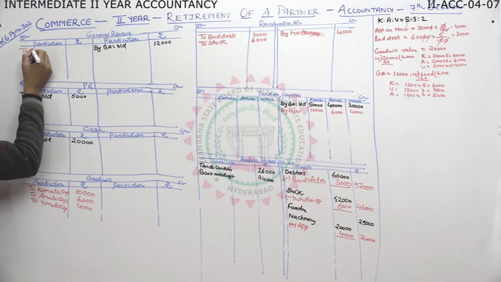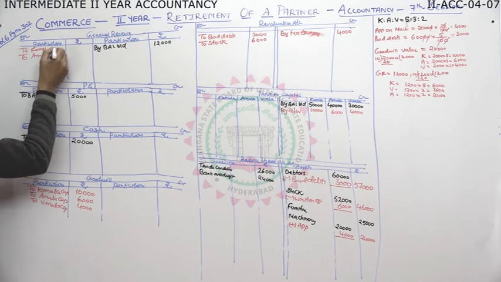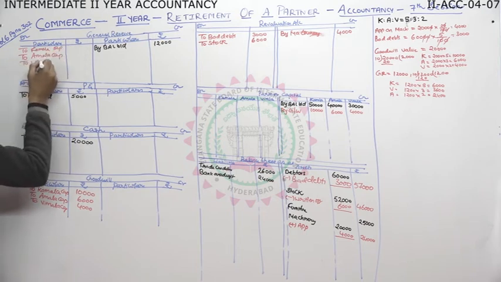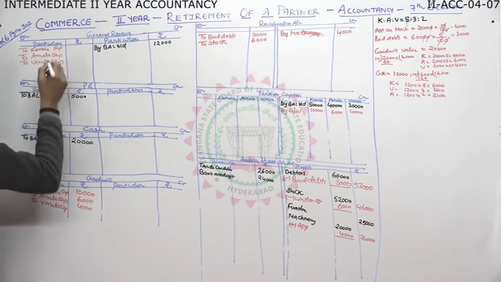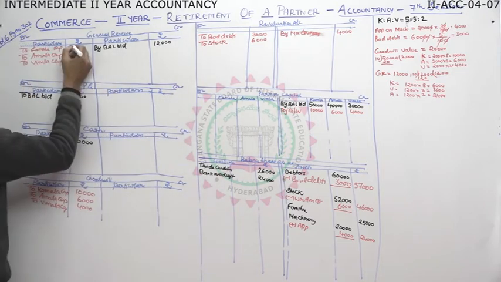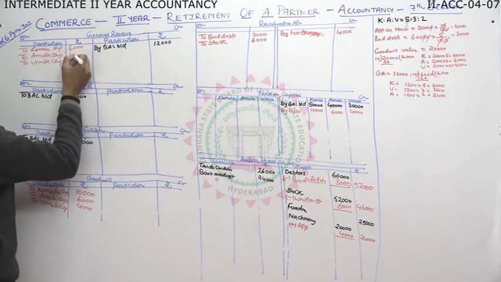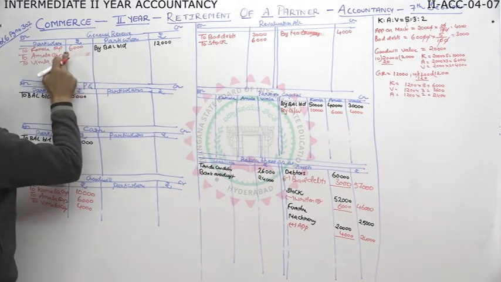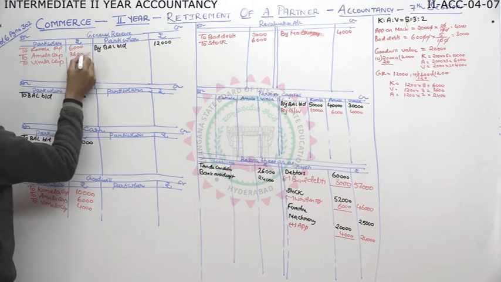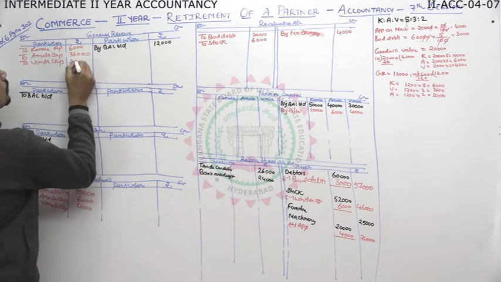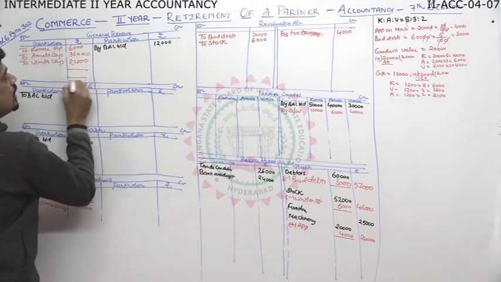So to Kamala, to Amala Capital, to Vimla Capital. Let us see. How much is the amount? 6,000, 3,600, 2,400.